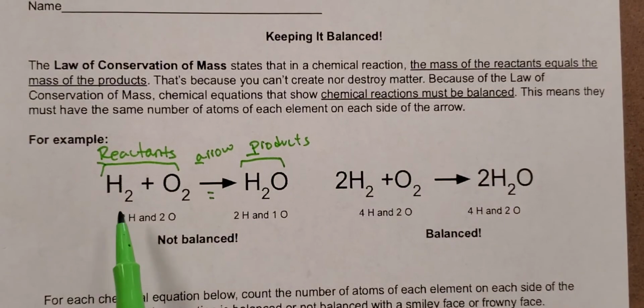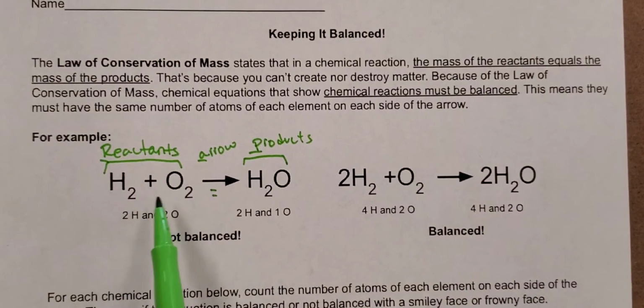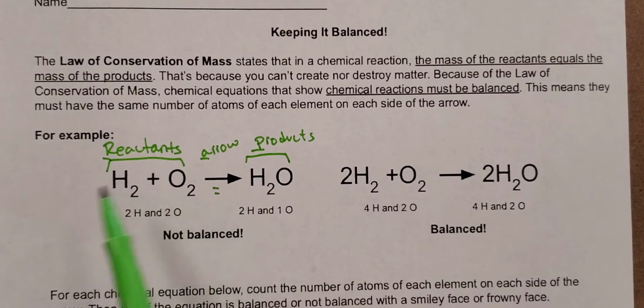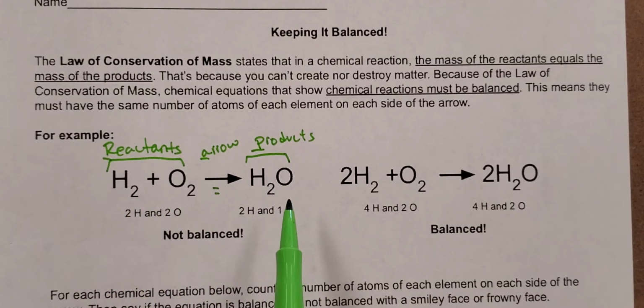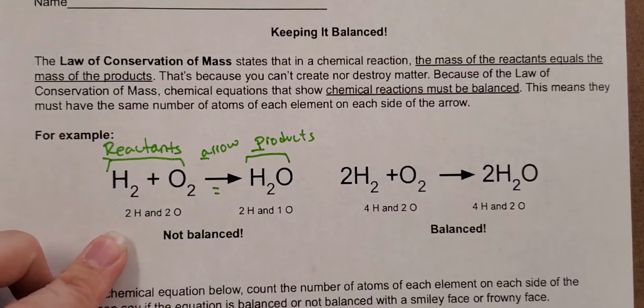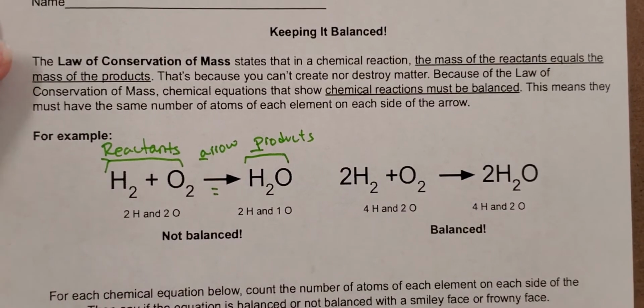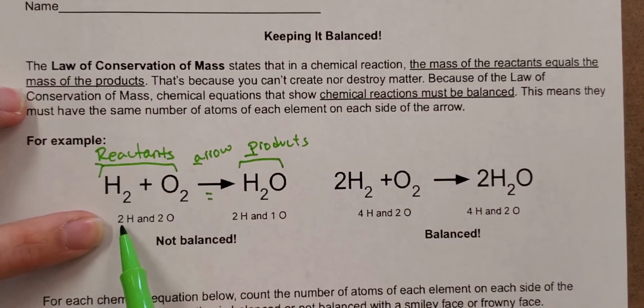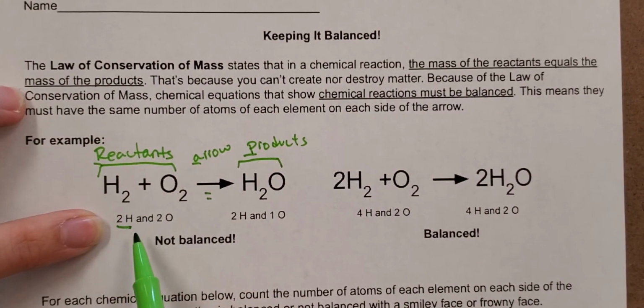So in this situation, I have H2, so hydrogen gas, reacting with oxygen, which is a gas. Those react together to form H2O, which we know as water. That's my product. That's what they create. And here it's saying that this is not balanced. We have H2, so that means I have two atoms of hydrogen.